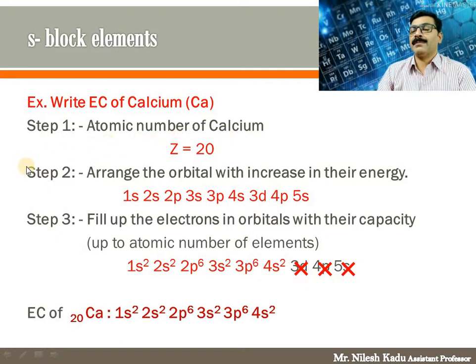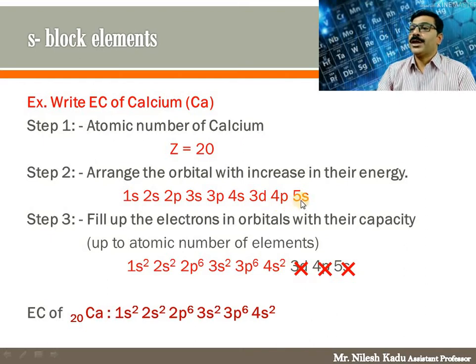Now the second step. In the second step, you have to arrange the orbitals in increasing order of their energy. Means you have to write the orbitals in increasing order of their energy. And we know that 1s orbital has lower energy, then the next one is 2s, then 2p, then 3s, then 3p, 4s, 3d, 4p and 5s.